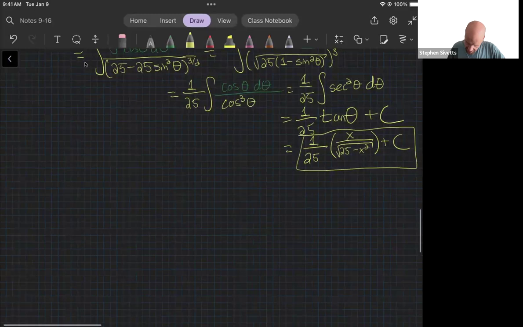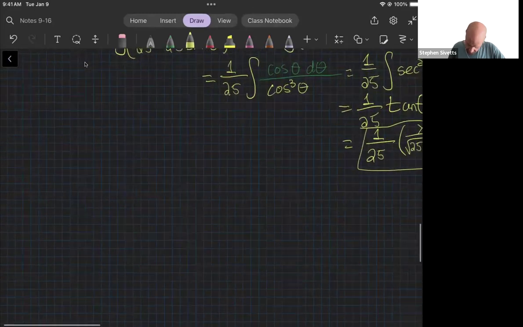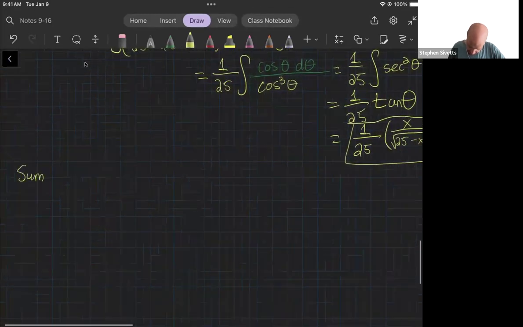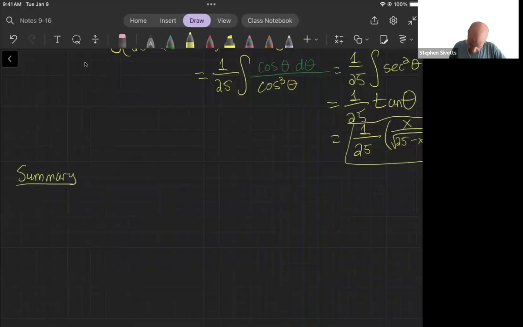So if you see the summary of what to do here, let me write out the summary of what to do for a trig sub.